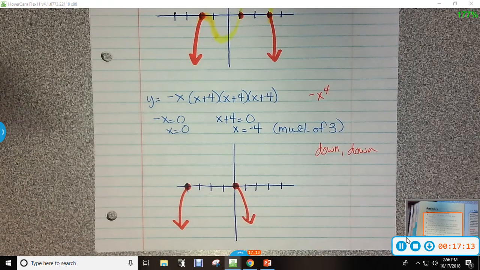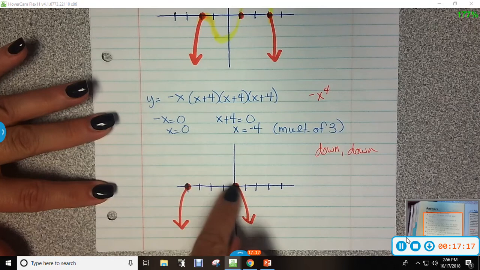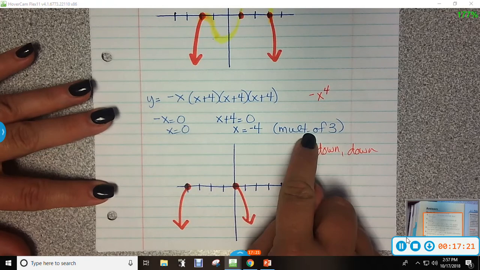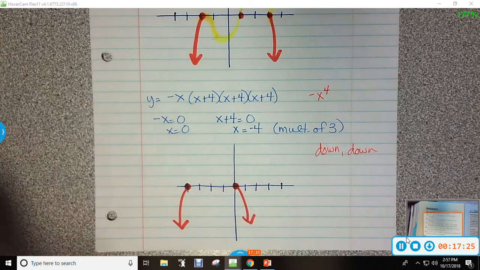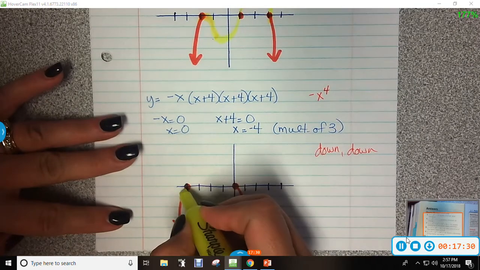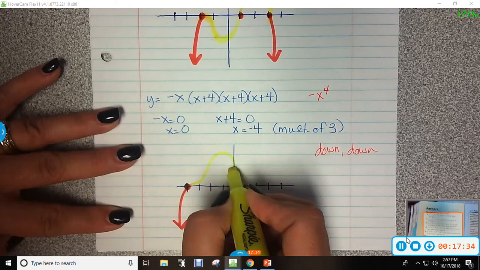And so now, I know that to get from here to this point, I've got to go above the x-axis. But because of this multiplicity of 3, when x is -4, when my graph goes through right there, it's got to do that little sideways wiggle and then go up and turn around.